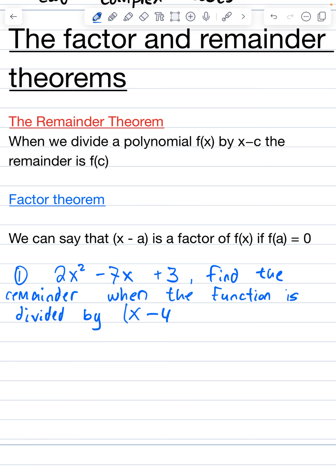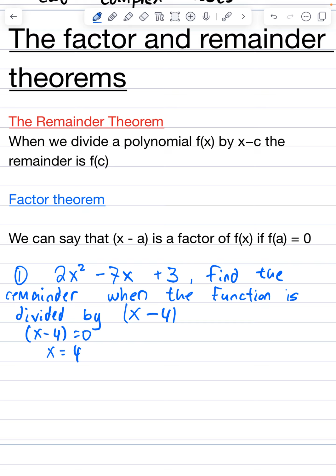So the factor is x minus 4. We could do the long division, but that's not necessary, since it's just asking for the remainder. For x minus 4, what's the root? I set it equal to 0 and get x equals 4.